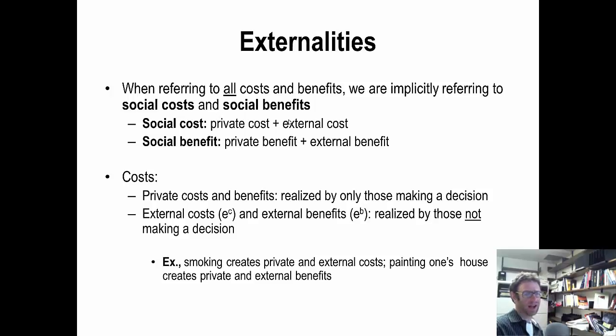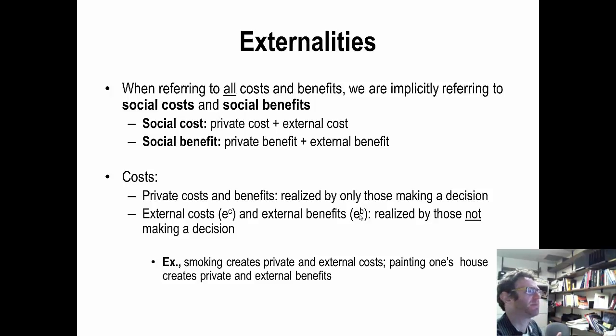But there oftentimes can be an external component, which I'll abbreviate as EC for external costs, and EB for external benefits. And these are costs and benefits that are realized in society, but not by the private decision makers. So in the book case that I just gave, there's probably not a lot of external cost or external benefit being realized.